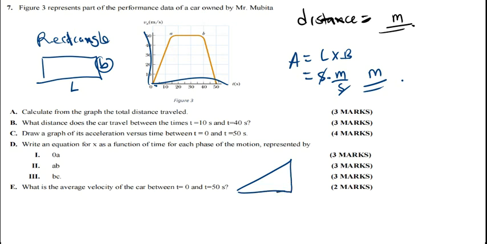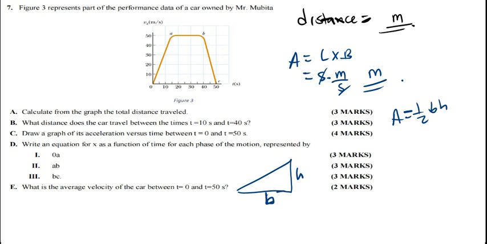The formula for triangle, we say area is given by half BH, where I'm going to say this is B and this is H. H is the height.